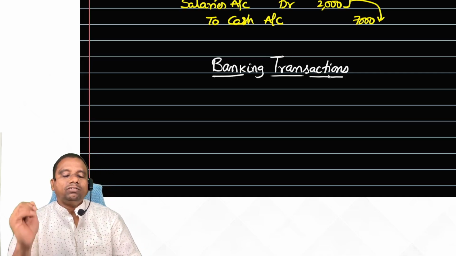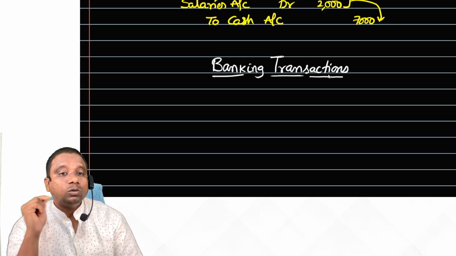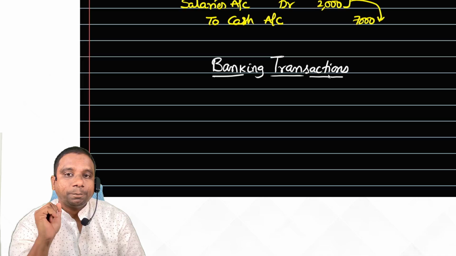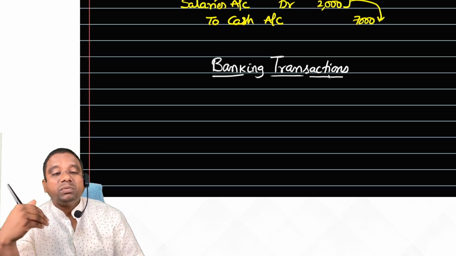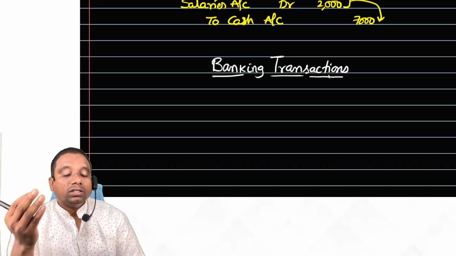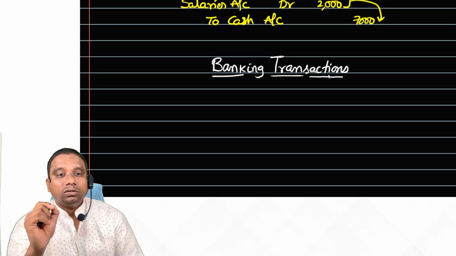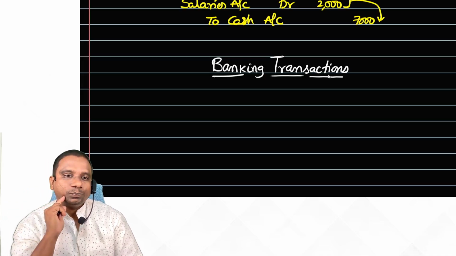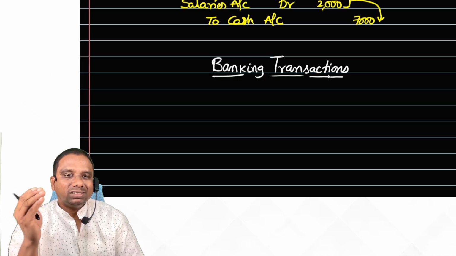As an individual, we are having accounts in the bank. Why wouldn't a business have an account in the bank? So businesses may also have one or two, three accounts in the bank. Same business may have accounts in different banks also, or two or three accounts in the same bank.